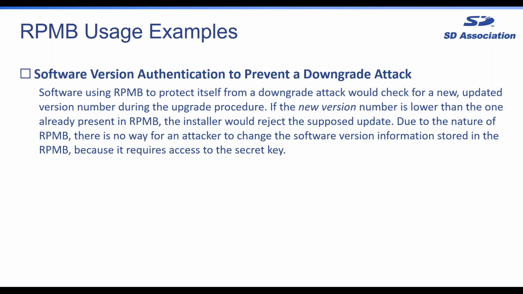So what are the main 2 use cases or usages for RPMB? One is software version authentication to prevent a downgrade attack. So the seed or the version number of the software is being securely kept in the RPMB area, and since it's encrypted and secured, there's no way for an attacker to get this information, this version number.